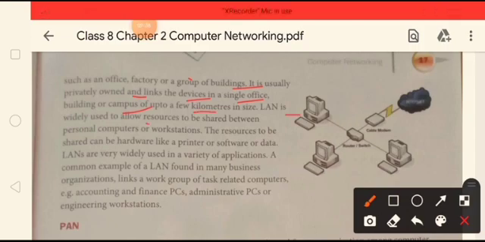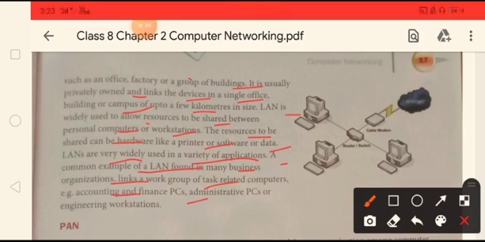LAN is widely used to allow resources to be shared between personal computers or workstations. The resources to be shared can be hardware like a printer, software, or data. LANs are widely used in a variety of applications. A common example of LAN found in many business organizations links a workgroup of task-related computers, for example accounting and finance PCs, administrative PCs, or engineering workstations.